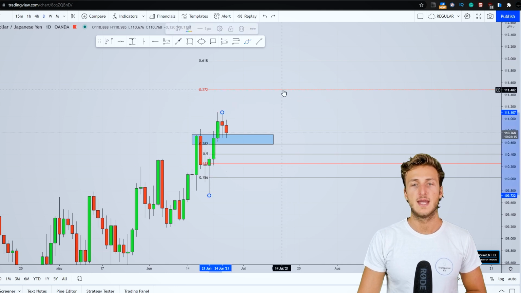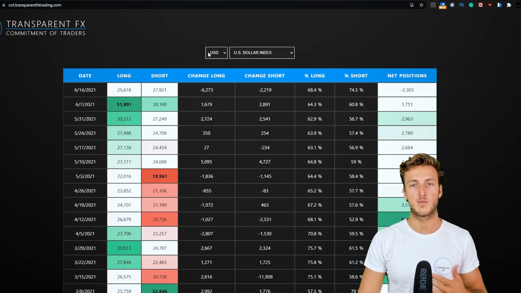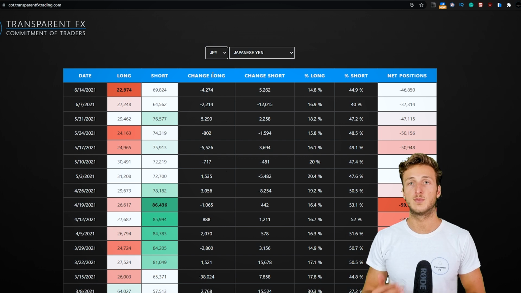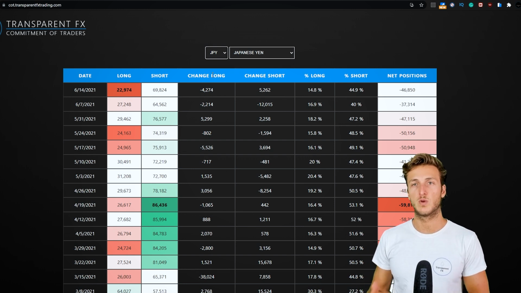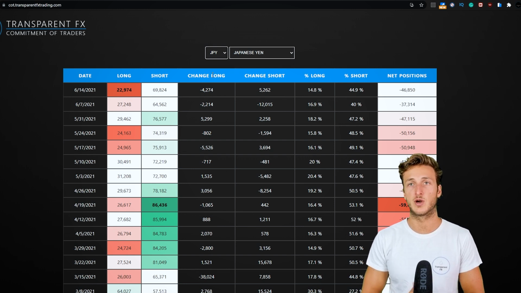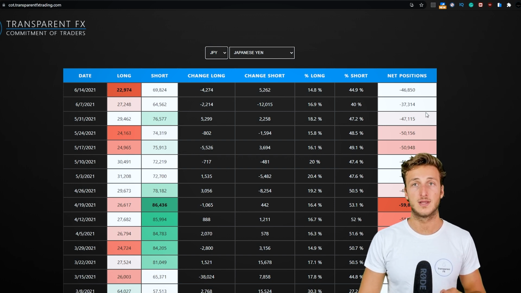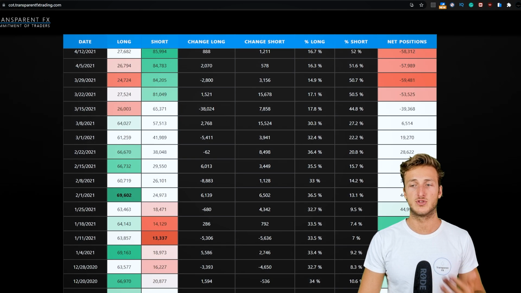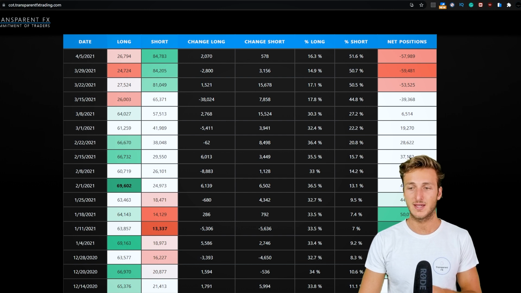Now, if we go and see what we have from a COT perspective, so commitment of traders, which is basically what hedge funds, so the non-commercials in the market are doing, we can see how lately net positions have dropped massively. We went from having 50K net positions with 13K shorts and 63K longs.